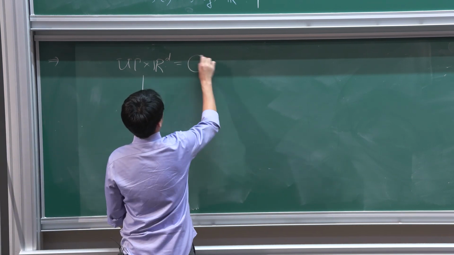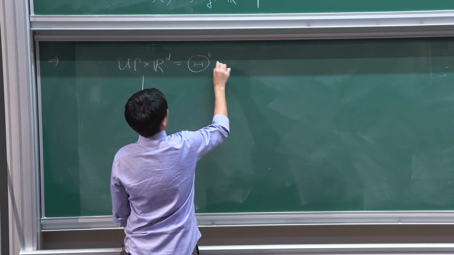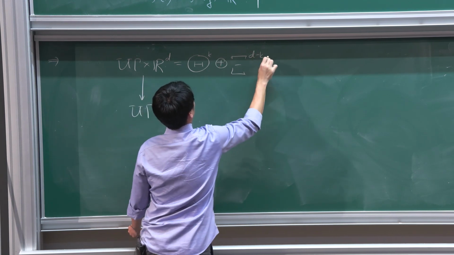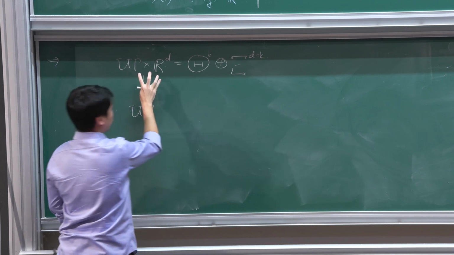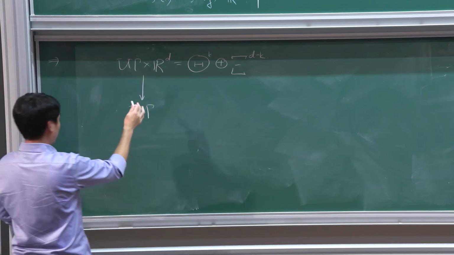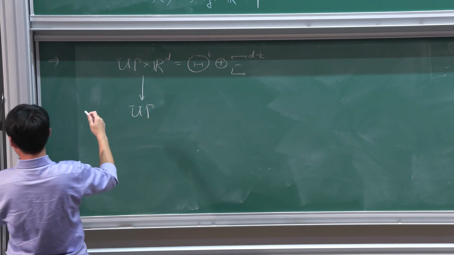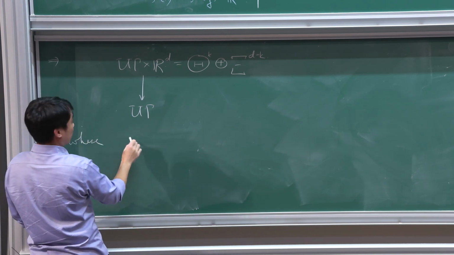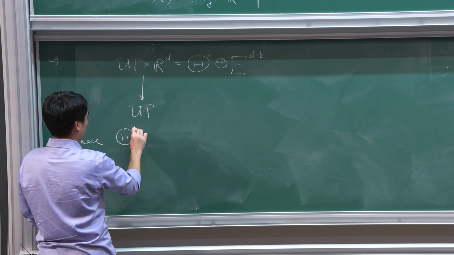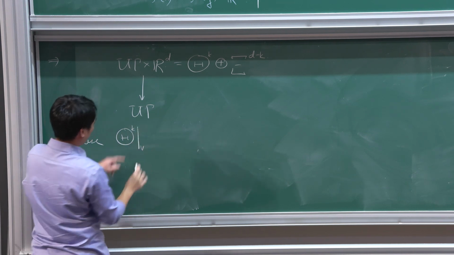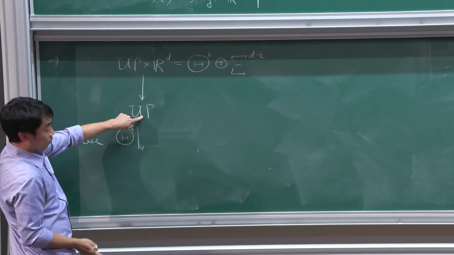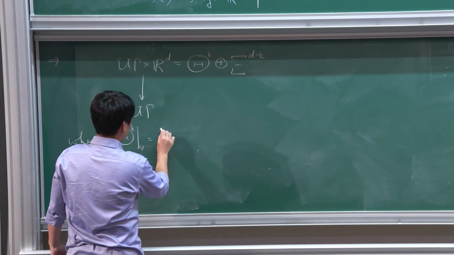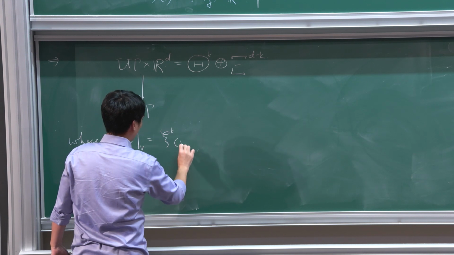I'm going to call the splitting Theta_k plus C_{d-k}. These are two sub-bundles of this trivial bundle. What are they? When you pick a vector v in the base, the fiber of Theta_k over this v is exactly C_k of v plus.